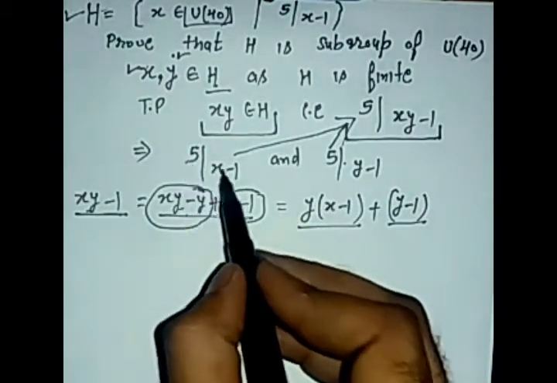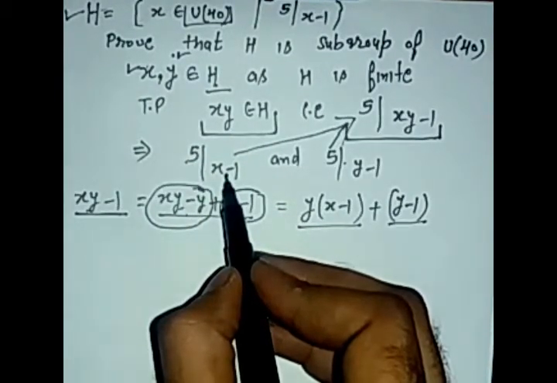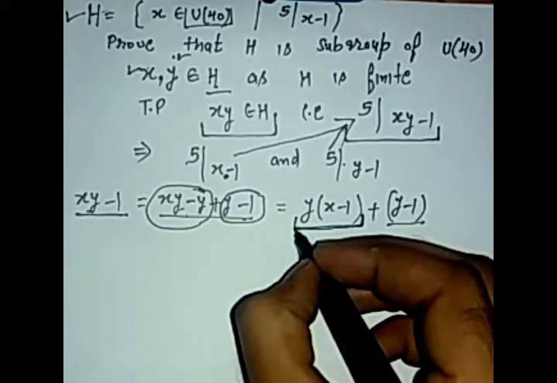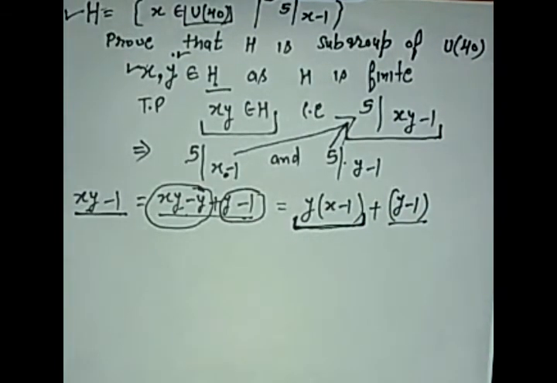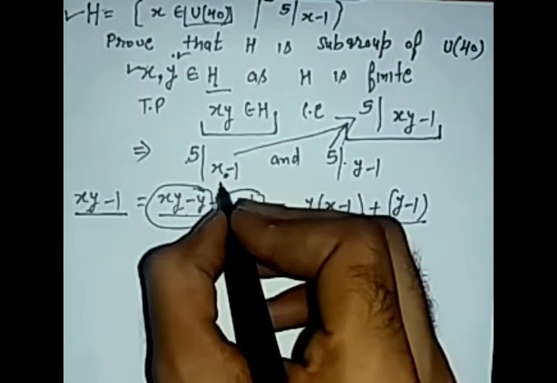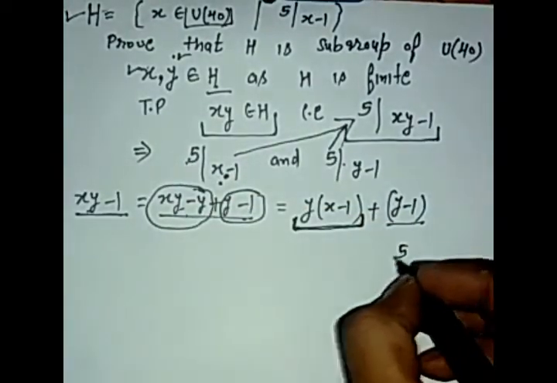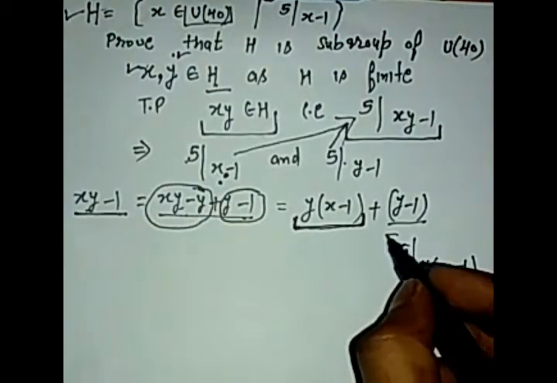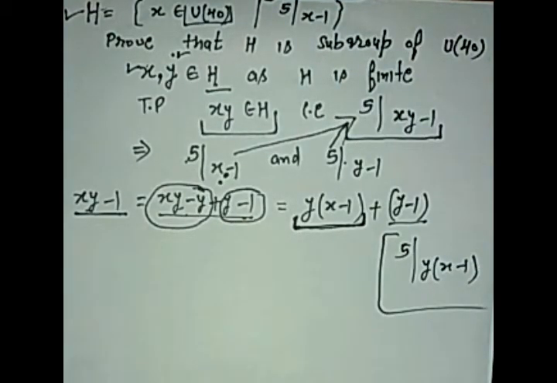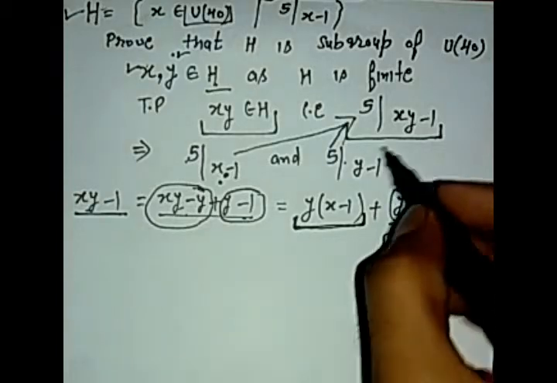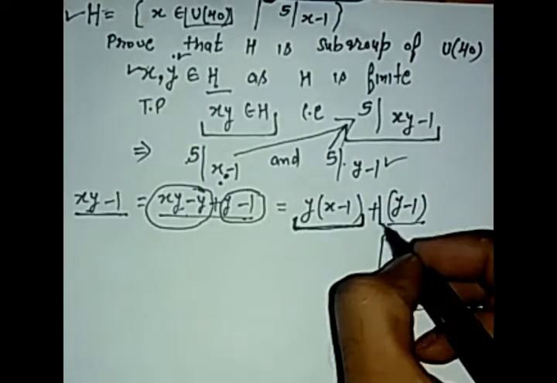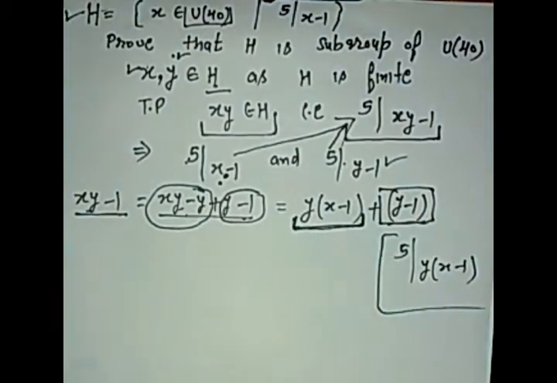Now as 5 divides x minus 1, this portion is divisible by 5, because when 5 divides x minus 1, then 5 divides y times (x minus 1) also. Also we have 5 divides y minus 1, so 5 divides this part.